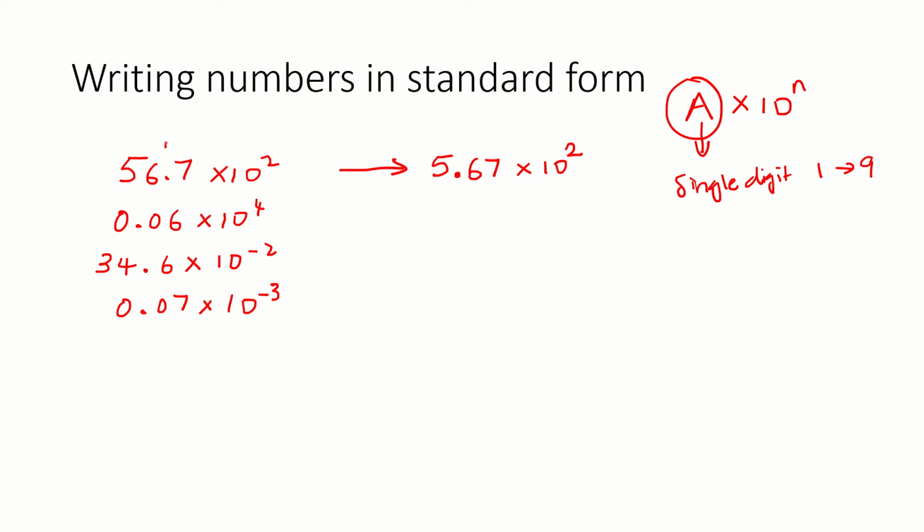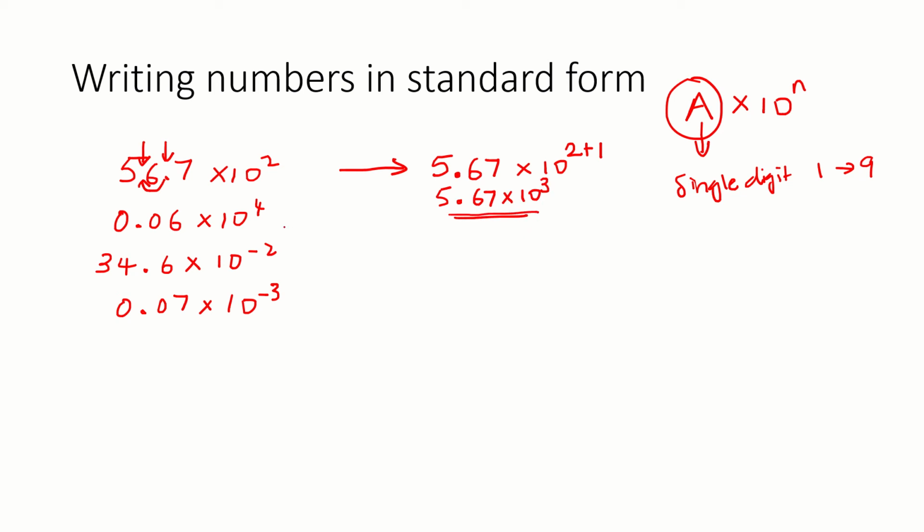So the decimal is here. I have to move it in between 5 and 6. So I'm going to move 1 step here. So this has to be plus 1. Okay, so the correct answer will be 5.67 times 10 cubed. And with this, we get the standard form.